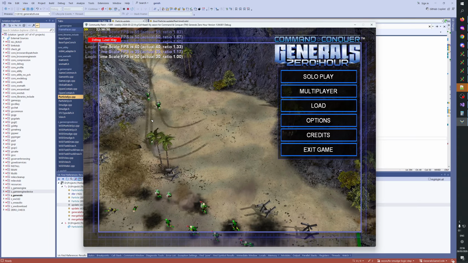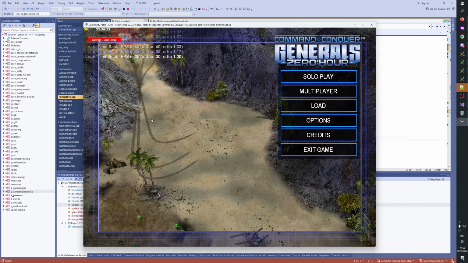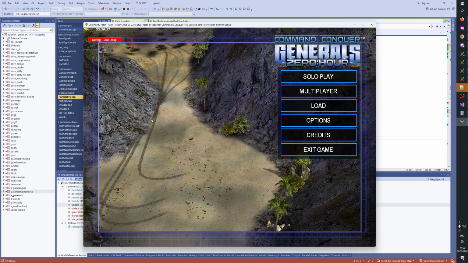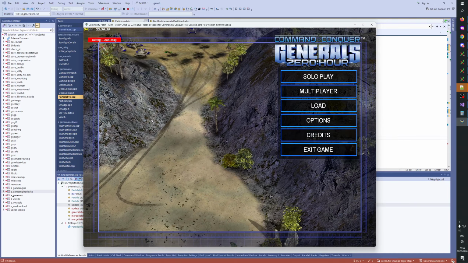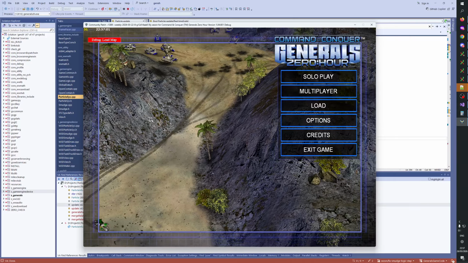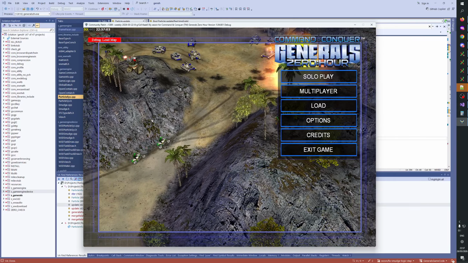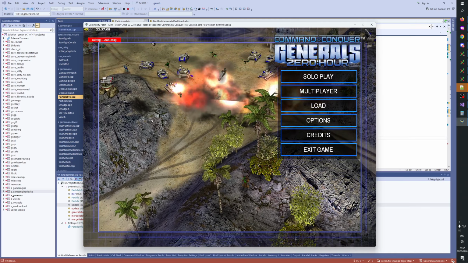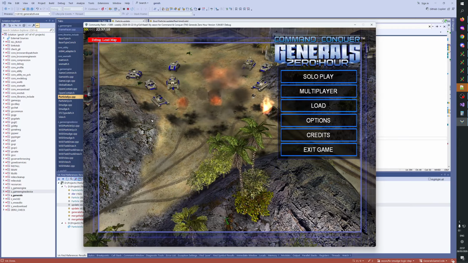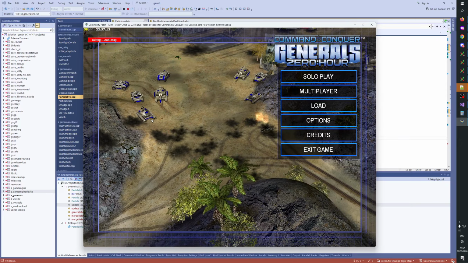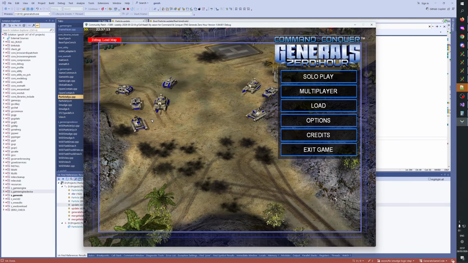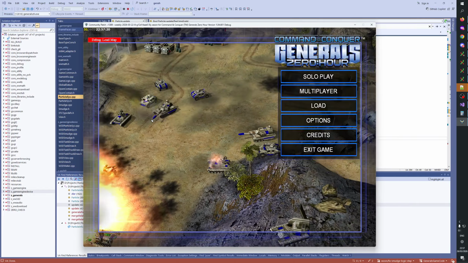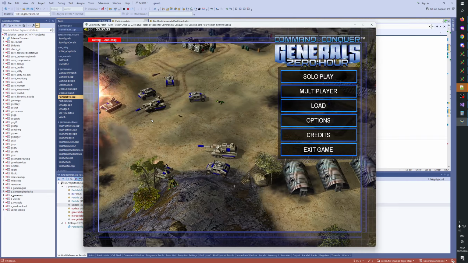Okay, let's observe. Okay, I can already tell it's not looking right. The particles are way too large.